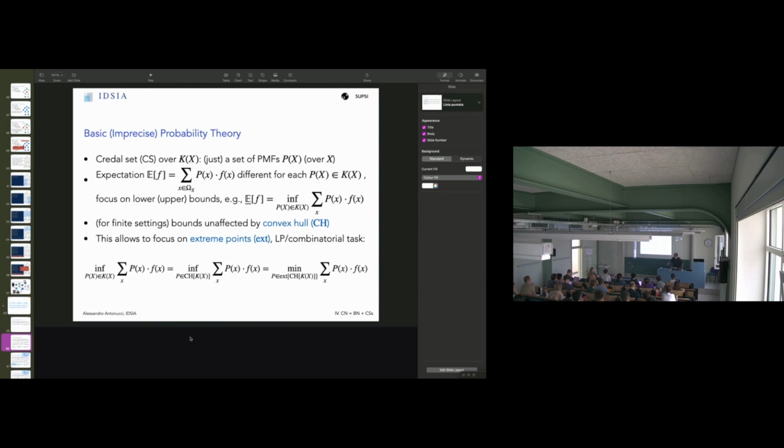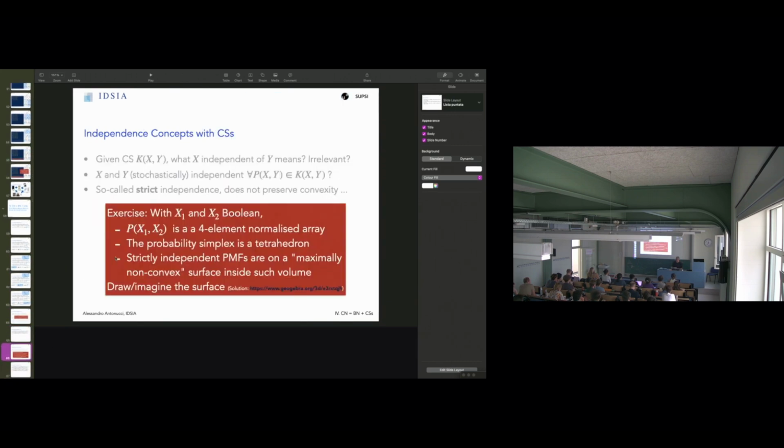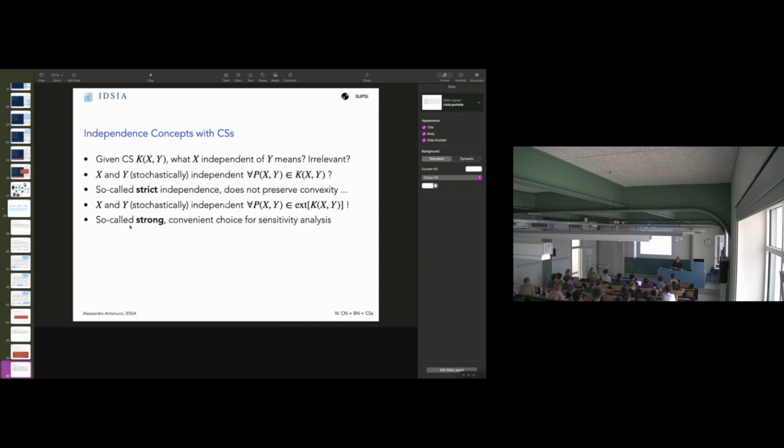Basically, I want to solve my inference in this way, as a combinatorial task. So for me, it's important to have a convexification, because I want to do my inference on the extreme points of the convexification. That's why I'm not using this very natural notion of strict independence, but the notion of independence I'm using is that of strong independence.